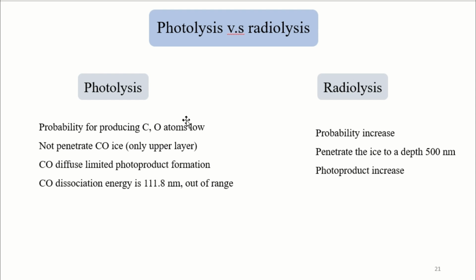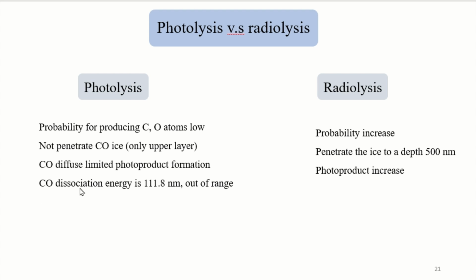Let's compare photolysis and radiolysis. In the photolysis experiment, the probability of producing carbon and oxygen atoms is really low, and it cannot penetrate the CO ice very deep. And CO diffusion will limit photoproduct formation.